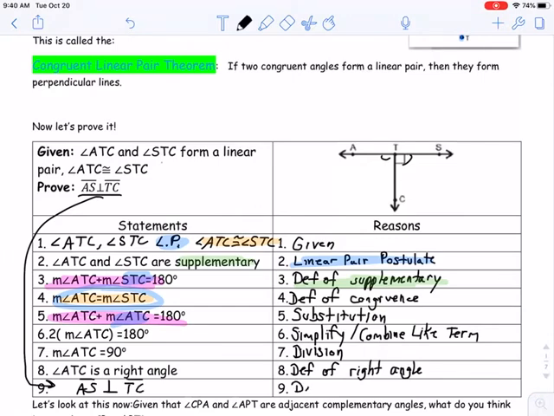And that's definition of perpendicular lines. When there's a right angle, it means the lines are perpendicular. All right, so that's kind of a doozy of a proof.